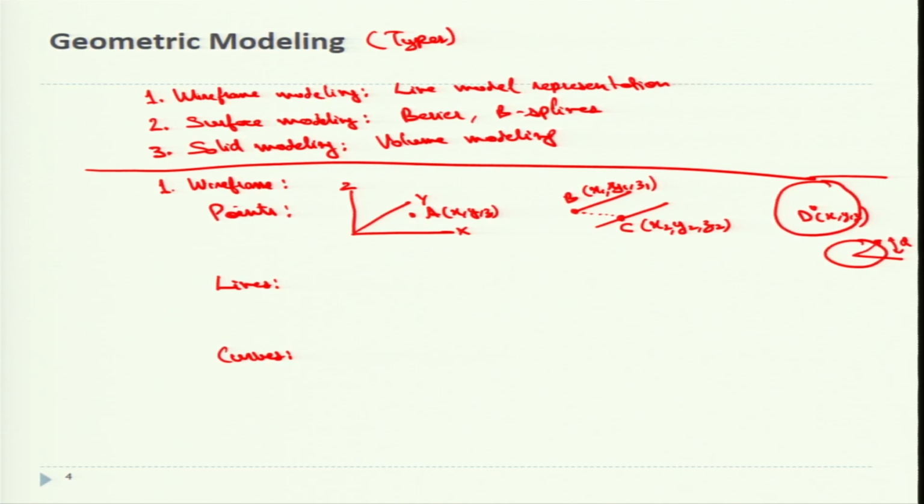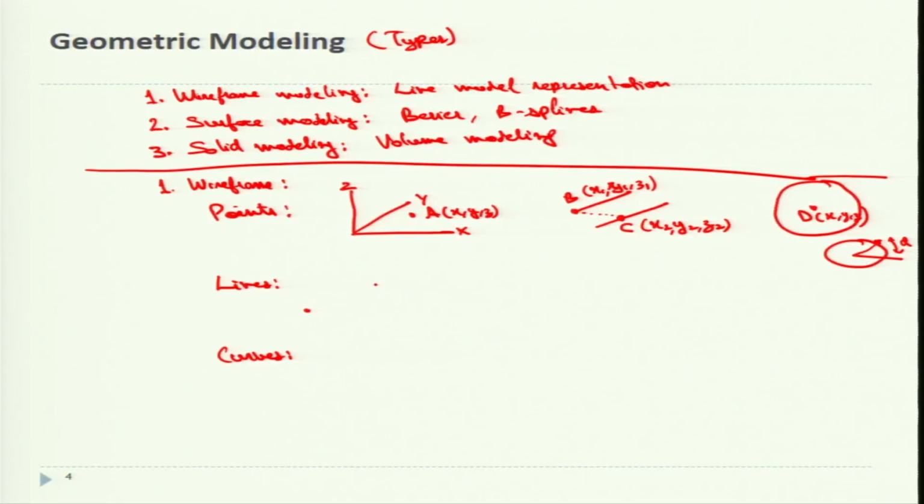If I try to present a line, a line segment is the connection between 2 points. In general, this is the definition. So we have a point A and point B. When we connect them, A is x1, y1, z1, B is x2, y2, z2. Or it could be a line parallel to another line.